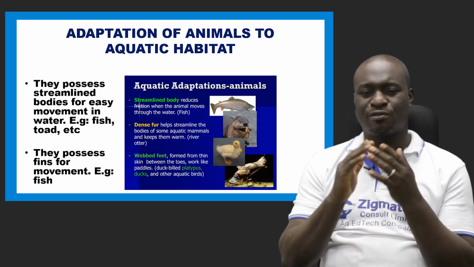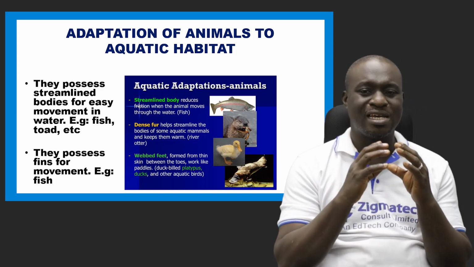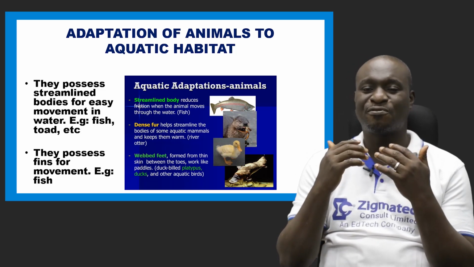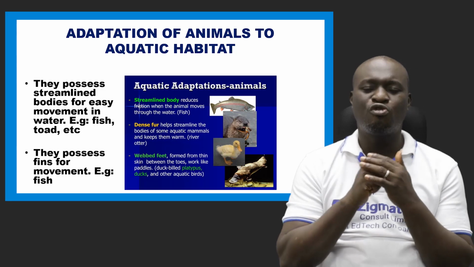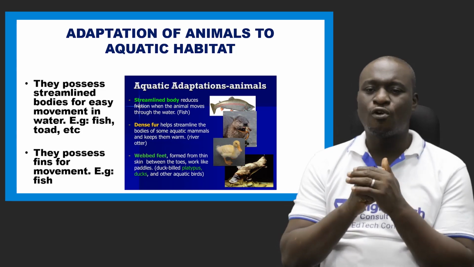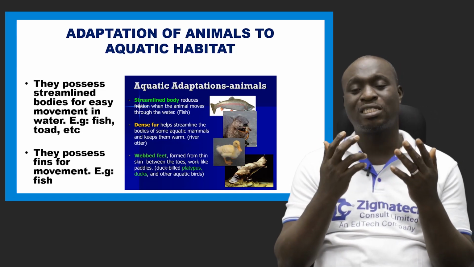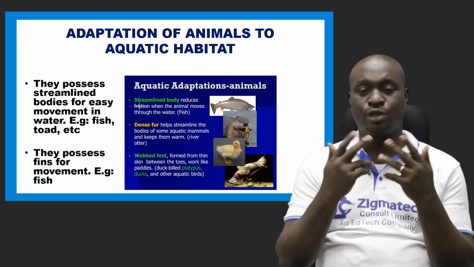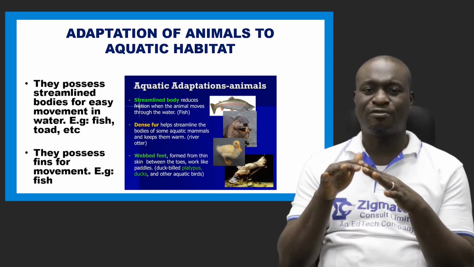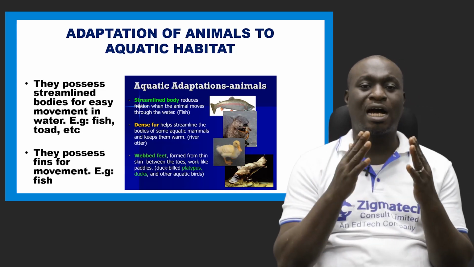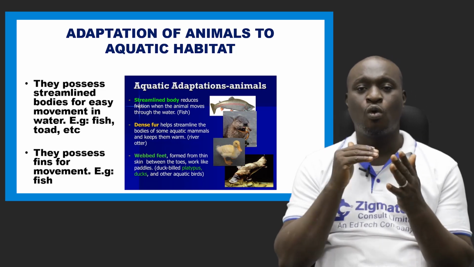If you get a fish, you will notice that it possesses fins, and the fins are for movement. Some organisms like the toad and the duck also possess webbed feet, and these webbed feet are also for easy movement in water.